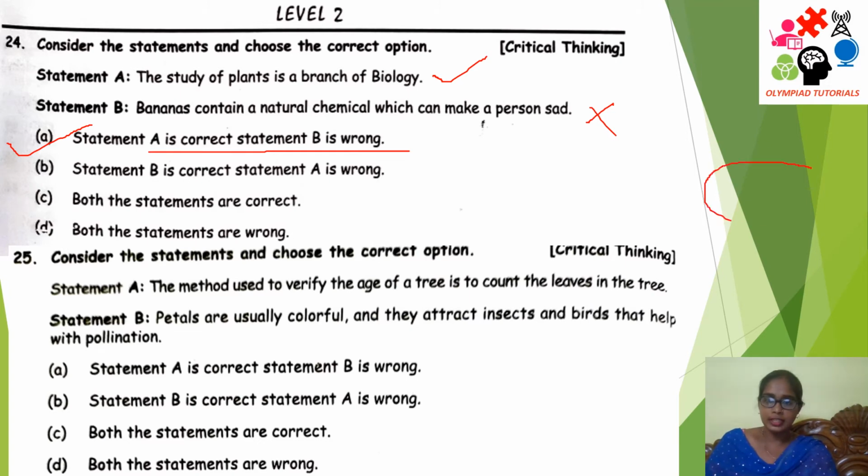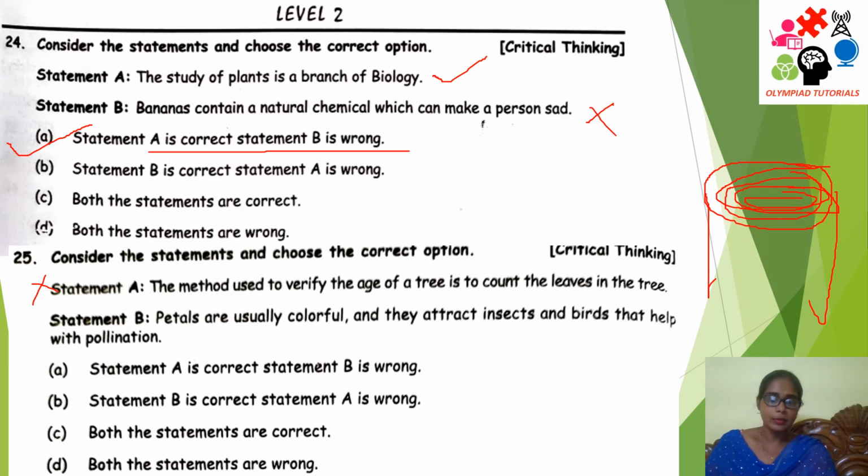If you cut a tree, then you can see the stem is like this. This is a stem of the tree, suppose. If you cut a tree, then you will see certain rings, a ring pattern. As many rings as there are, that will be the age of the tree. So the number of rings in the stem signifies the age of the tree. So statement A is wrong.